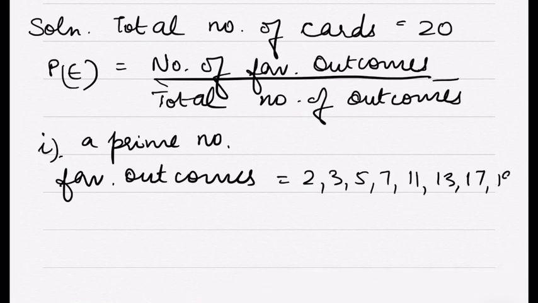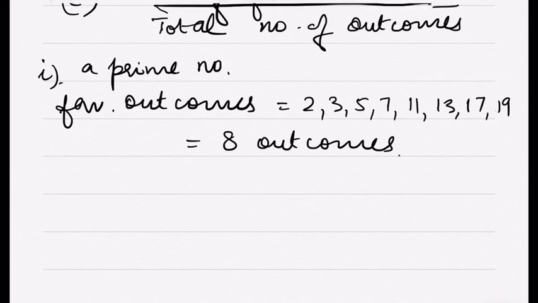Okay, so these are my favorable outcomes. Then we have 20, which is not. So how many are there? 1, 2, 3, 4, 5, 6, 7, 8 outcomes. So my favorable outcomes are 8.